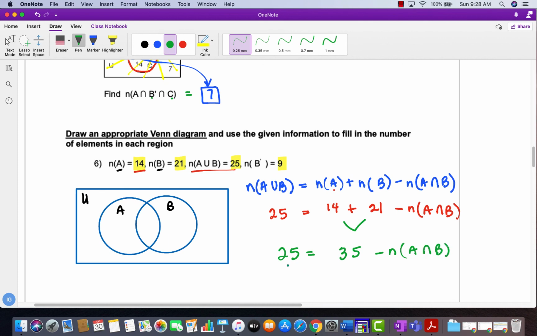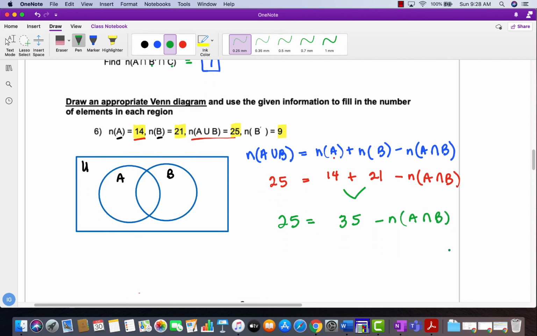So now we need to figure out 25 is equal to 35 minus what? So then we can figure out this answer here. So 35 minus 10 will give me 25. So therefore, the intersection of A and B is going to be equal to 10.